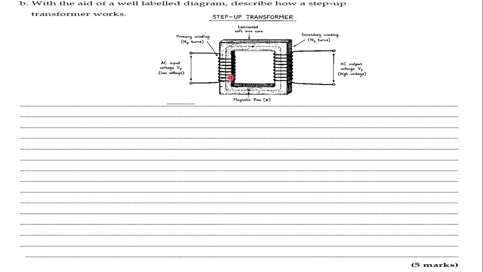With the aid of a well-labeled diagram, describe how a step-up transformer works. Remember that a step-up transformer has fewer turns in the primary coil than in the secondary. So when you're drawing, make sure there are few turns this side and more turns there.